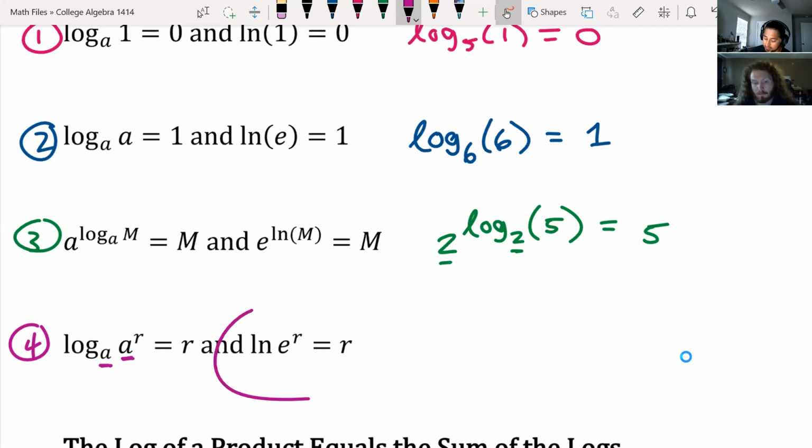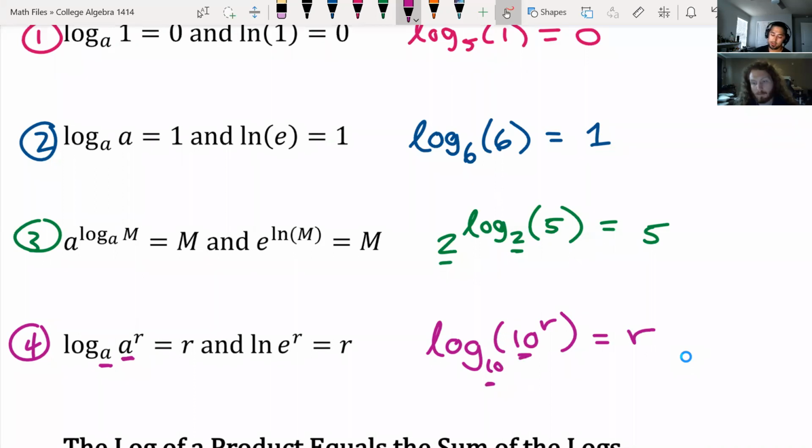And the same, again, goes for the natural log. Okay. And another good example of that, let's just say we had log of 10 to the r. Well, this is the common log, so the base is understood to be 10. Since these bases match up, they will cancel and leave you with r.